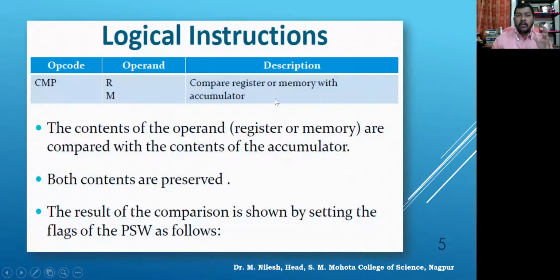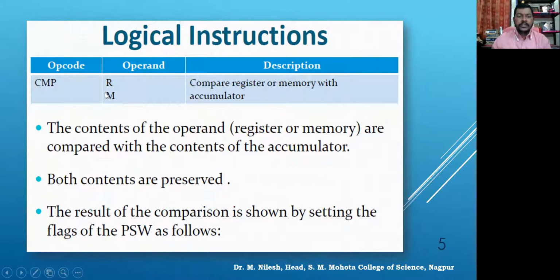The mnemonic is compare R or compare M. As we all know, one of the data by default should be in the accumulator. So the content of the register is compared with the contents of the accumulator.